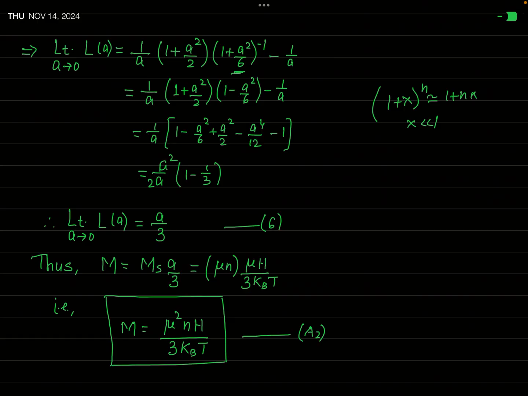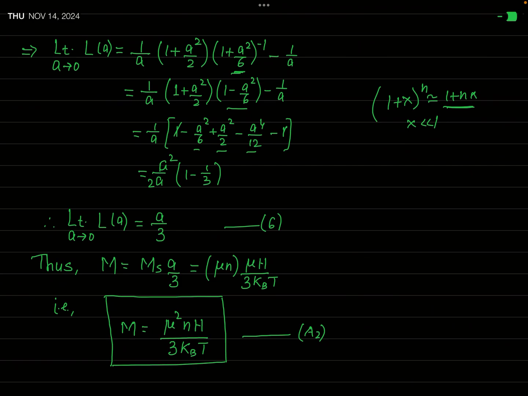So when we make the binomial expansion, we will consider this first order approximation. And considering that first order approximation, this will be 1 minus A square by 6. Now let us multiply these two factors. You can see this is 1 minus A square by 6 plus A square by 2 minus A to the power 4 by 12 and minus 1. Now this 1 and this minus 1 will cancel out.